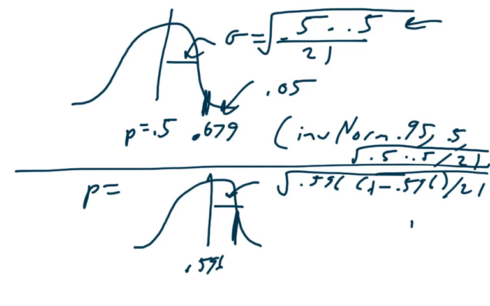And somewhere over here is 0.679, and this is your power. So the standard deviation was 0.107.